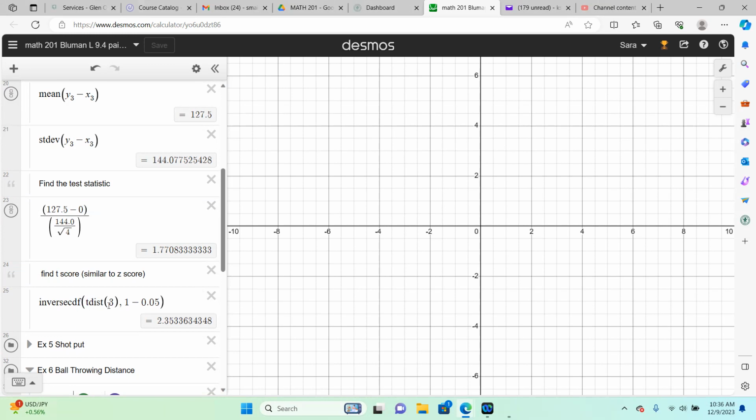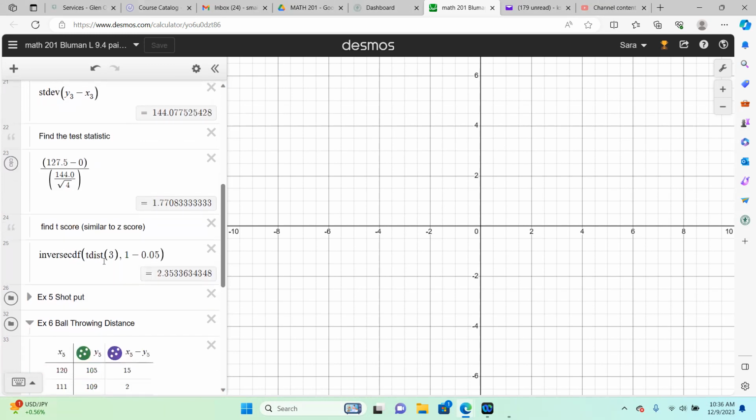Then our t-score is calculated down here with degrees of freedom, and it's a one-tailed test. So I'm going to do 1 minus 0.05, and I get my critical t of 2.353.